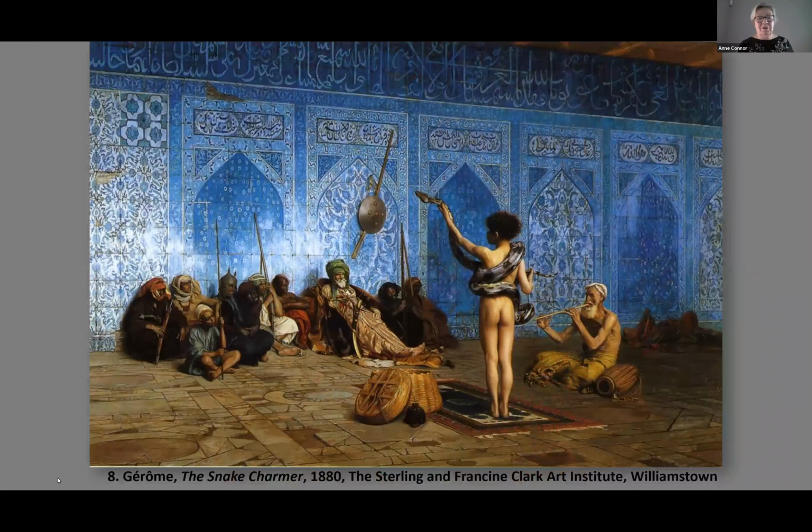And then the famous snake charmer. As I was mentioning earlier, the snake charmer is a painting exhibited at the Sterling and Francine Clark Art Institute in Williamstown. That painting, which is absolutely a jewel, is so tempting for people to touch, because everything seems so textured.